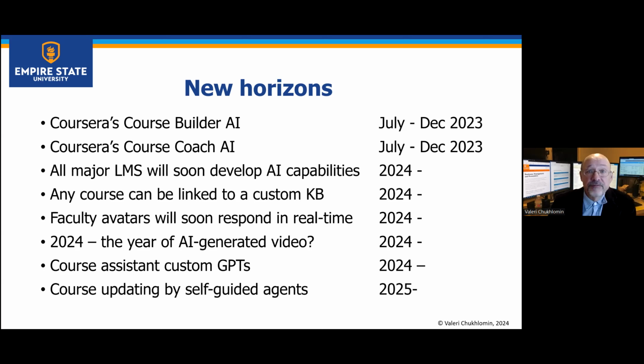And I think very soon we will be able to add larger knowledge bases to all courses, not just textbooks, but lots of other sources, and get this chatbot to be knowledgeable about it. There will be no room for hallucinations. I think this will be more or less accurate. I don't think that this will replace teachers, but in Coursera courses, we don't have teachers. So it's so much better to have a specially trained chatbot.